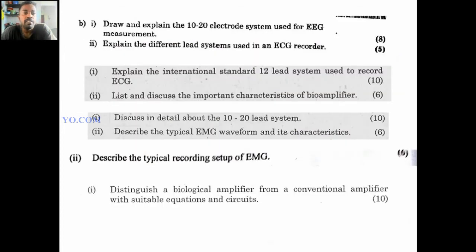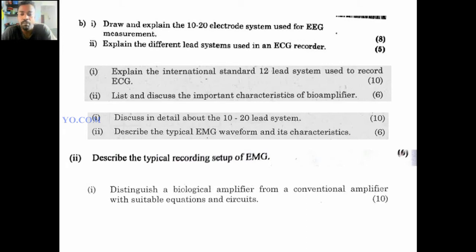Then draw and explain the 10-20 electrode system, that is EEG measurement. Already we have studied. Then explain the different systems used in ECG recorder. Explain the international standard 12 lead system used to record ECG, that is Einthoven triangle and 12 lead system. Then list and discuss the important characteristics of bioamplifier.